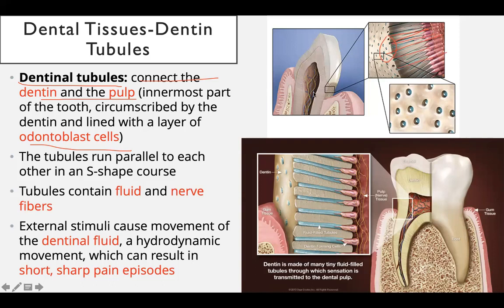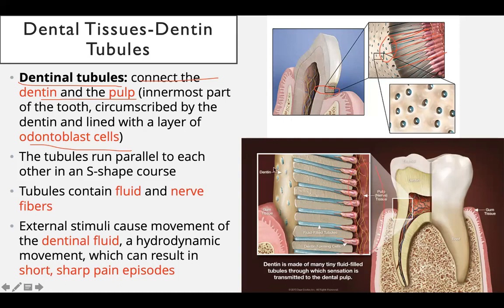These holes are outside. Okay, so we have this enamel outside, and here enamel is removed. We have started off with dentin, and dentin has these holes. These holes are dentinal tubules. They connect the dentin to the pulp. So this is dentin. This is pulp. Pulp is highly innervated.